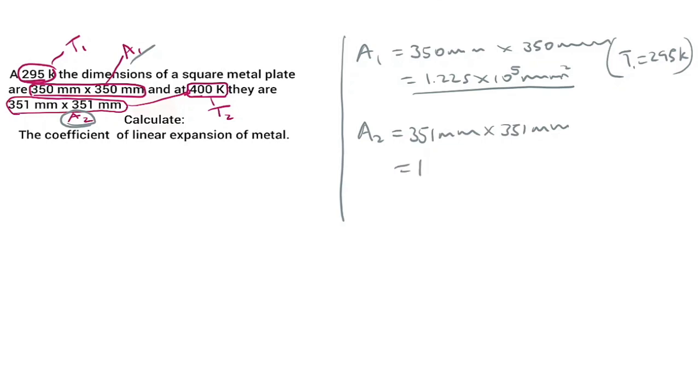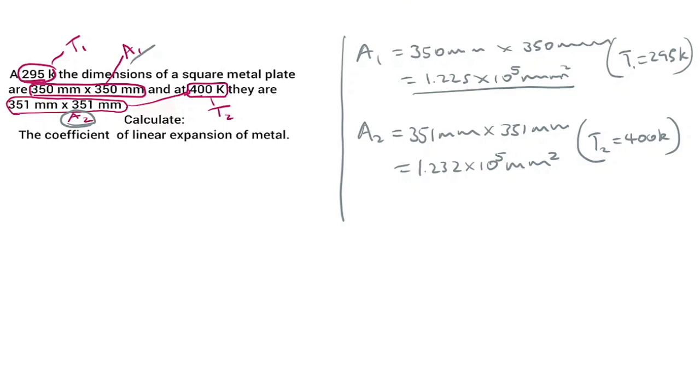Then this is going to give 1.232 times 10 to exponent 5 millimeter squared. This goes with temperature 2, which is equal to 400 K.